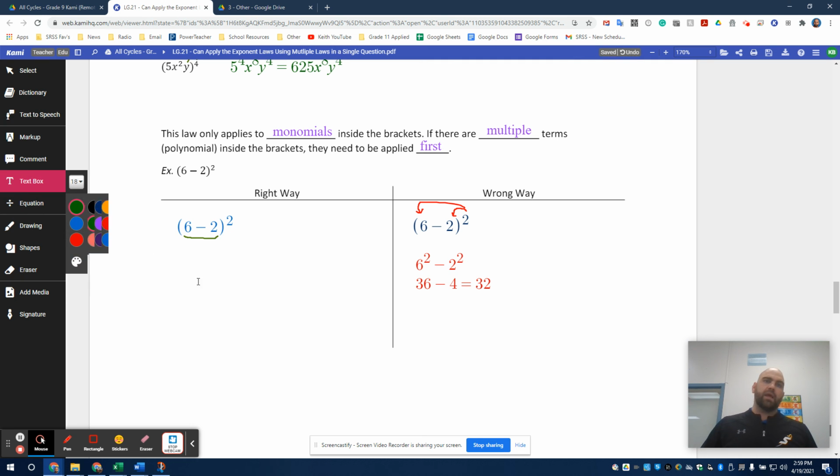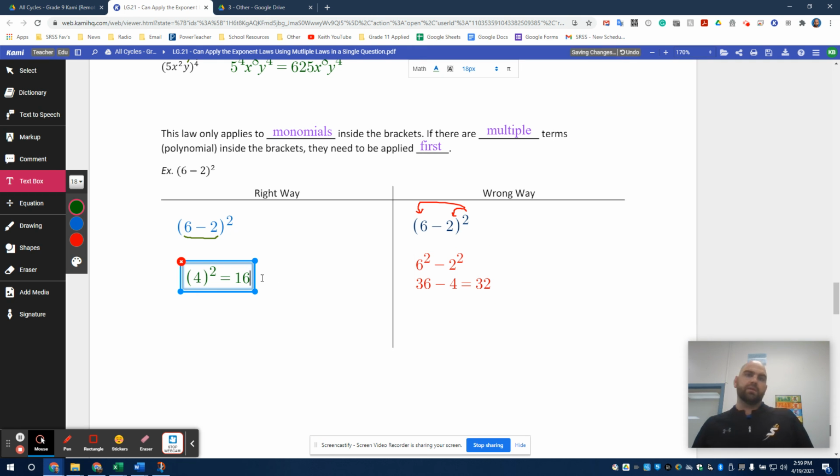So what it becomes then, and I'll keep the brackets on there, but inside is going to be 4 to the power of 2. And we know that this is just the same as 16, very different from 32, or 40, if we did it the other way. We need to solve inside the brackets first. So we can't just apply to each piece. We have to solve inside the brackets first and then go through with it.